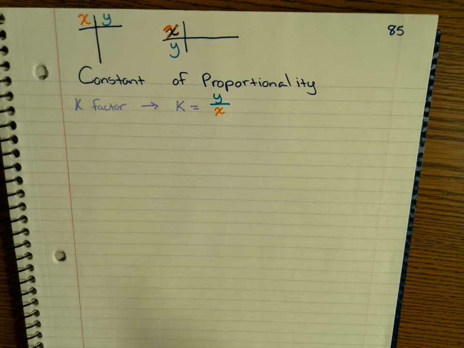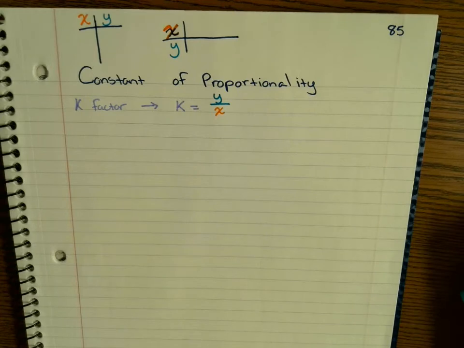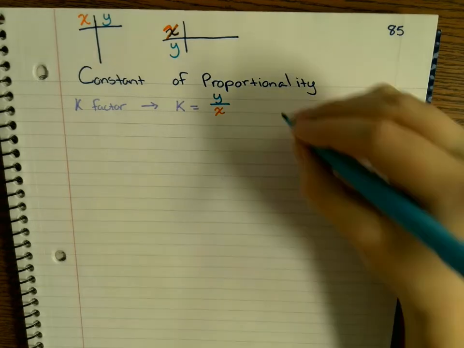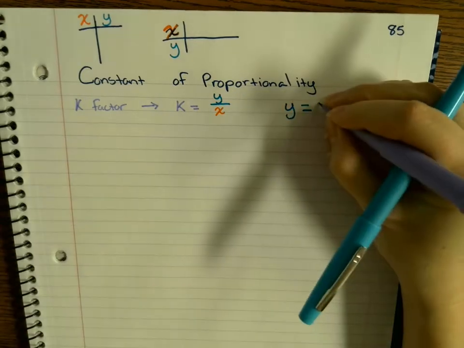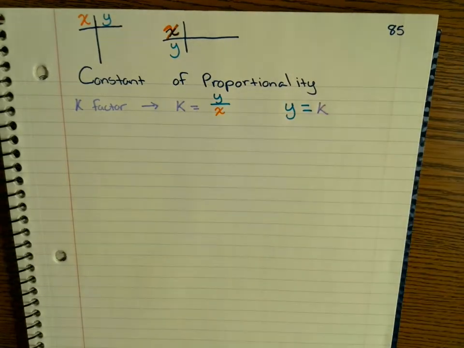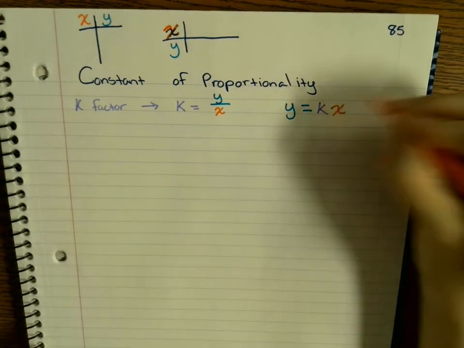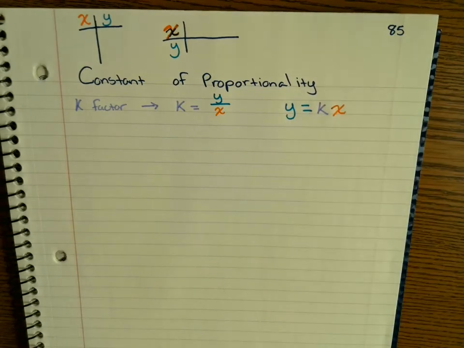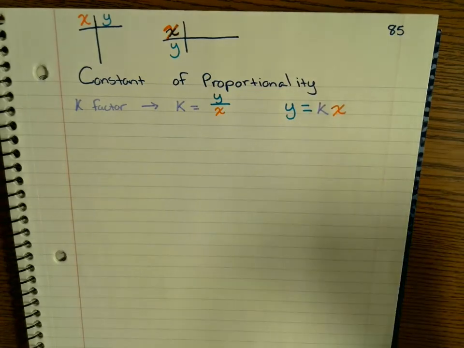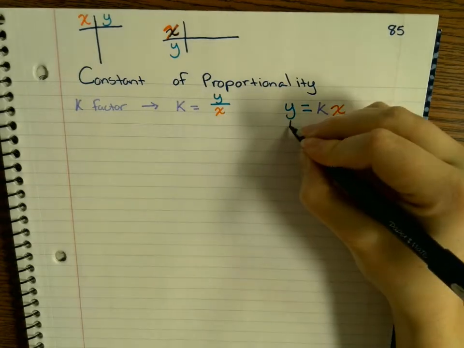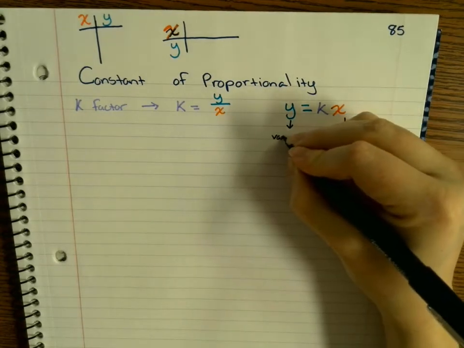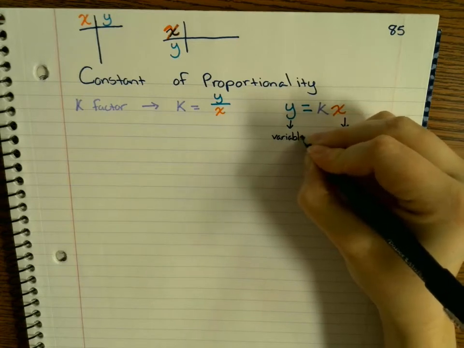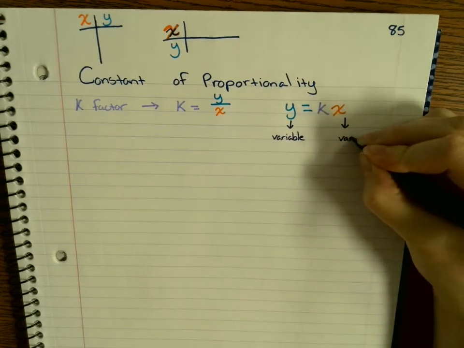As an equation, it would be written as y equals k times x. That's what it would look like as an equation, where y and x are going to be your variable terms, meaning they are going to stay written as y and written as x.